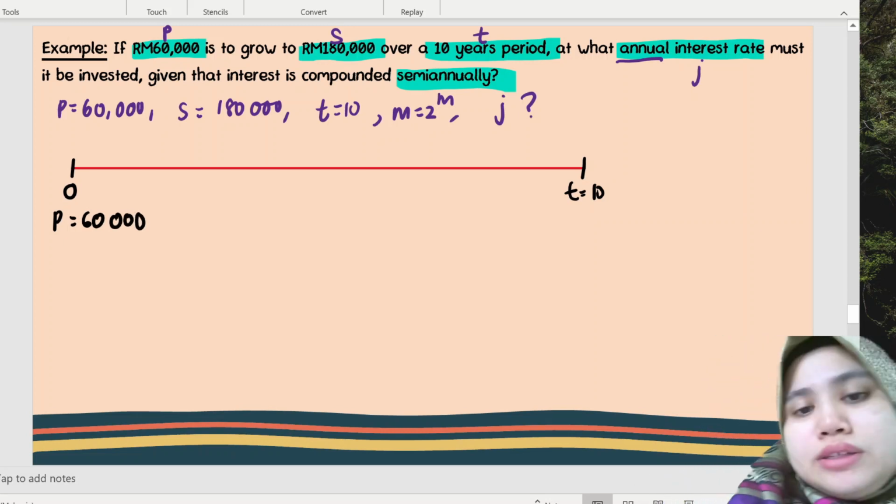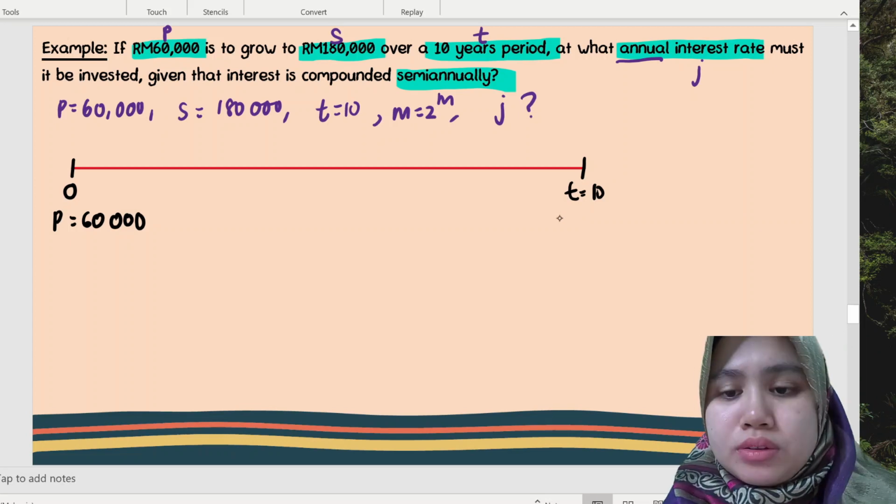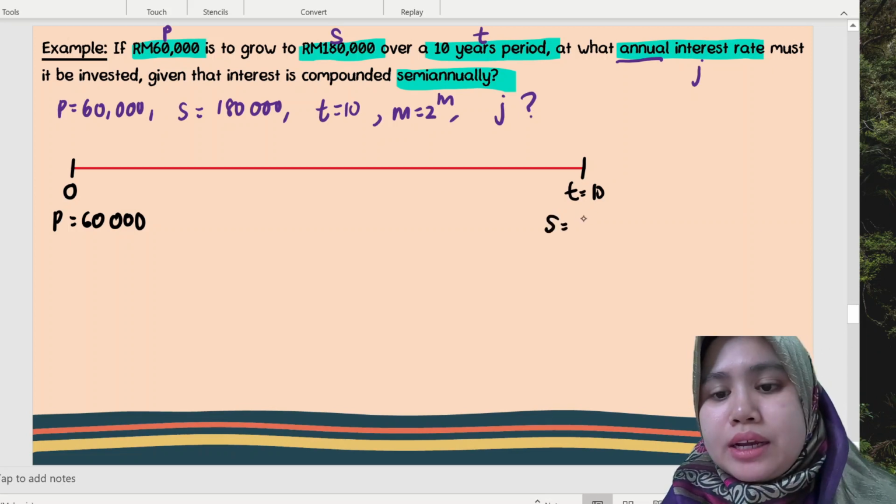After 10 years, your total money accumulated is 180,000.